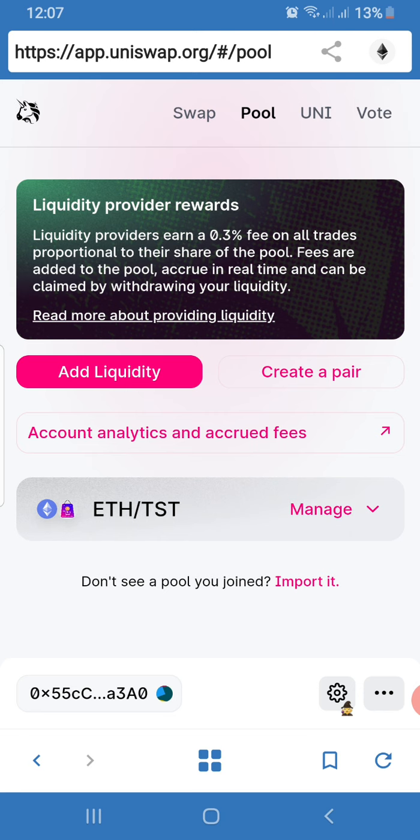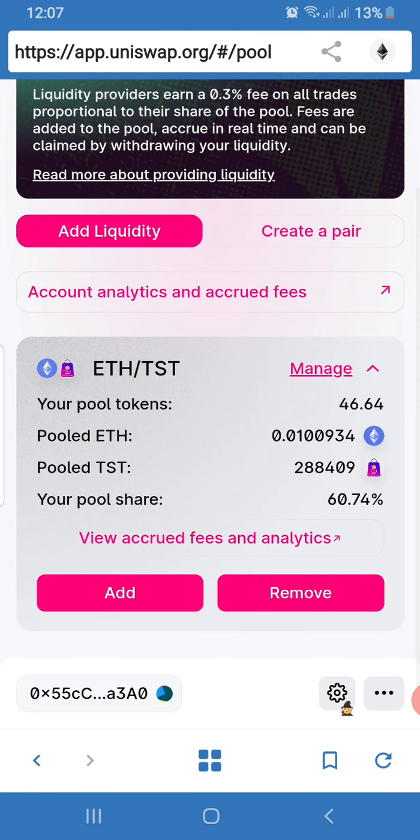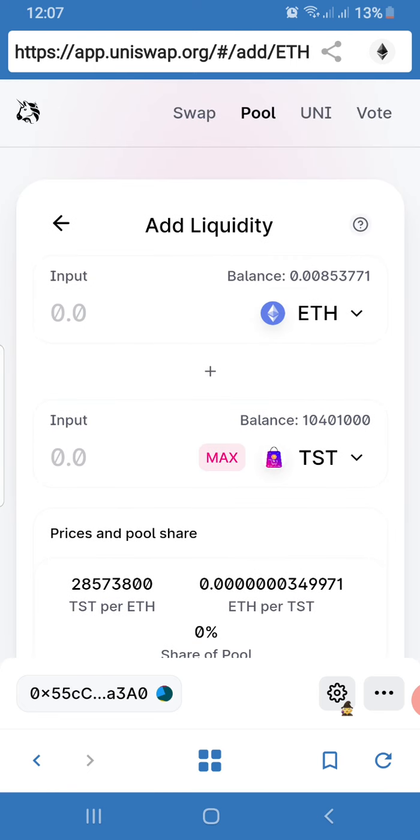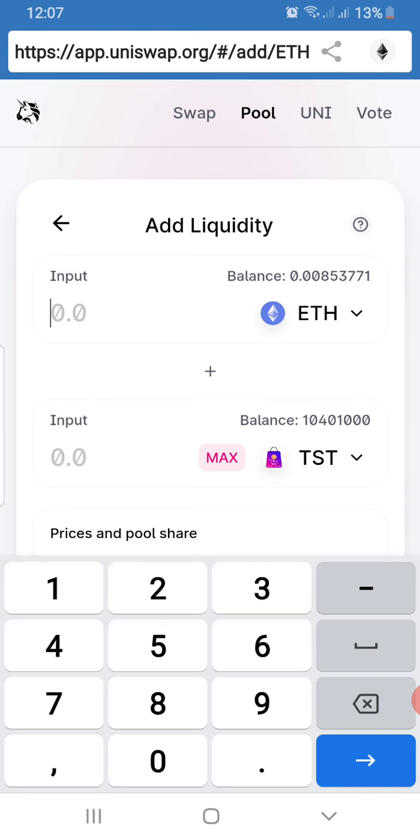All right, so let's say you want to add to the pool. I'll click add. It's going to ask me how much Ether I want to add and how much TST I want to add. Because the price of the TST Ether swap has already been set, you don't need to set your own price.